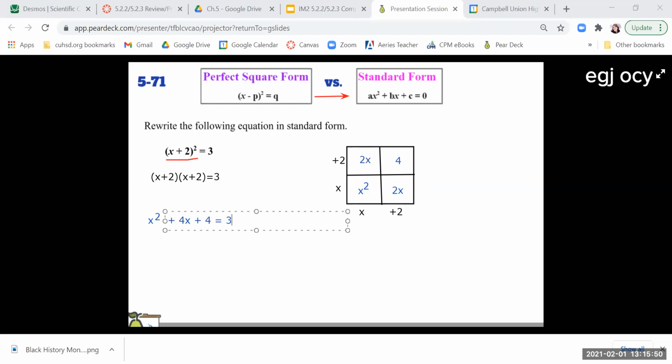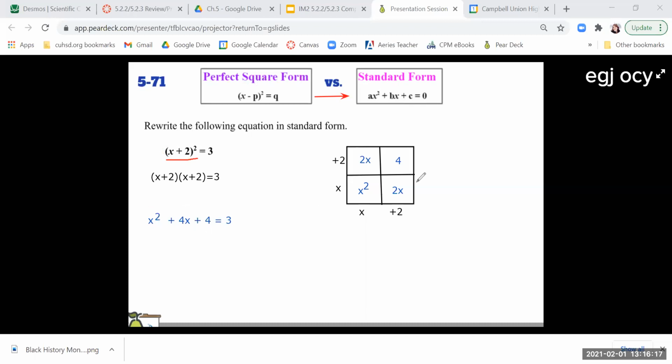And this is still all equal to 3, because remember, all I'm doing here is rewriting the original equation. So what I've done so far is rewritten this like this. I just multiplied it out so that it was expanded.